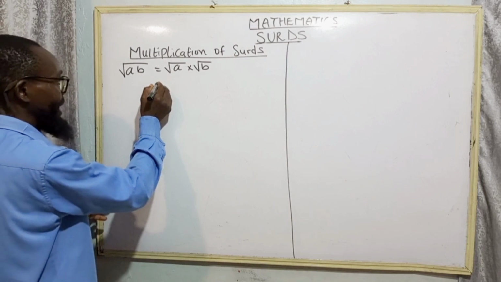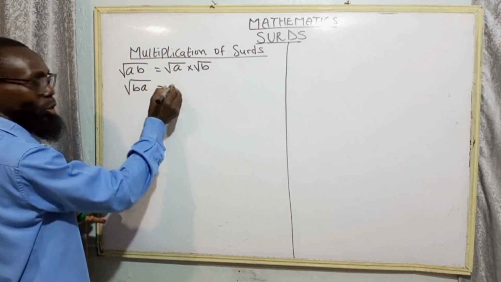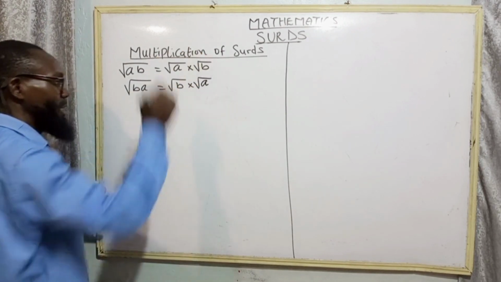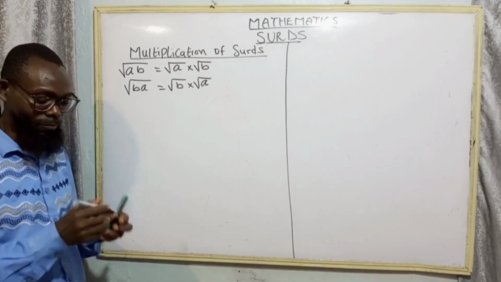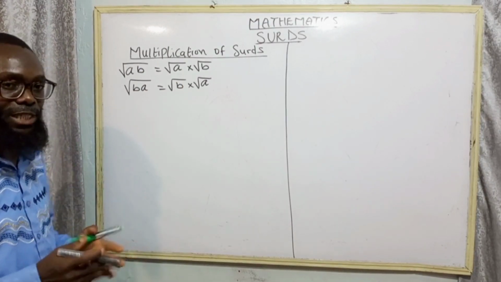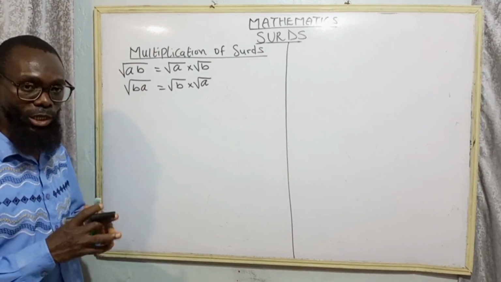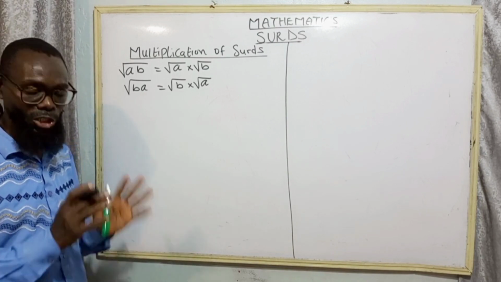We can also see it is the same thing as square root of ba, which equals square root of b multiplied by square root of a. So in multiplication of surds, when we want to simplify it, the whole numbers come together, the surds also come together. You multiply the whole numbers together, you also multiply the surds together.